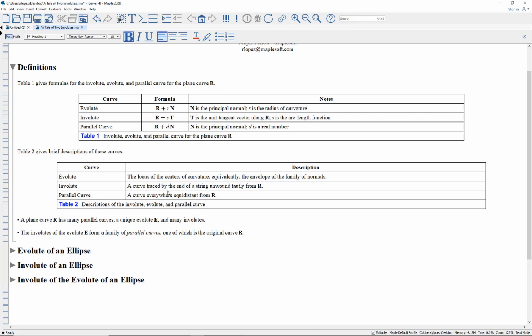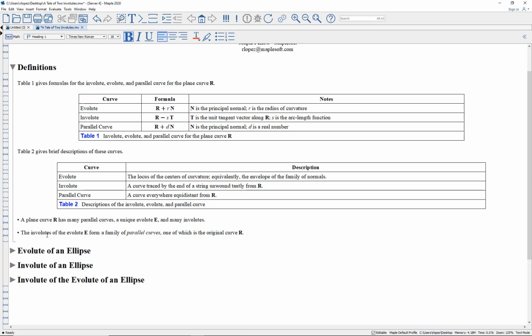So we want to show what these descriptions amount to and how to do the computations. And as we hinted, the plane curve has many parallel curves. It has a unique evolute, but many involutes.